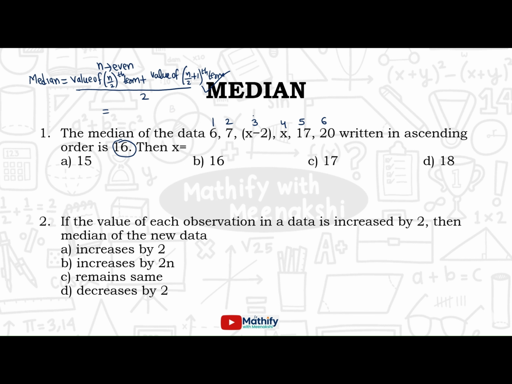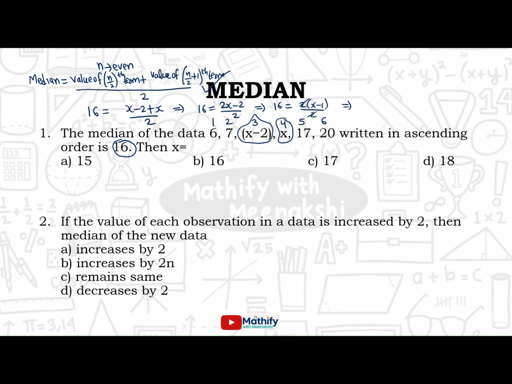Now see what's here, we have third term is x minus 2 and fourth term is x. So x minus 2 plus x by 2, and here it's given that your median is 16. Now if you add this, what you'll get? You will get 16 is equal to 2x minus 2 by 2. You can take 2 common and cut with that 2.